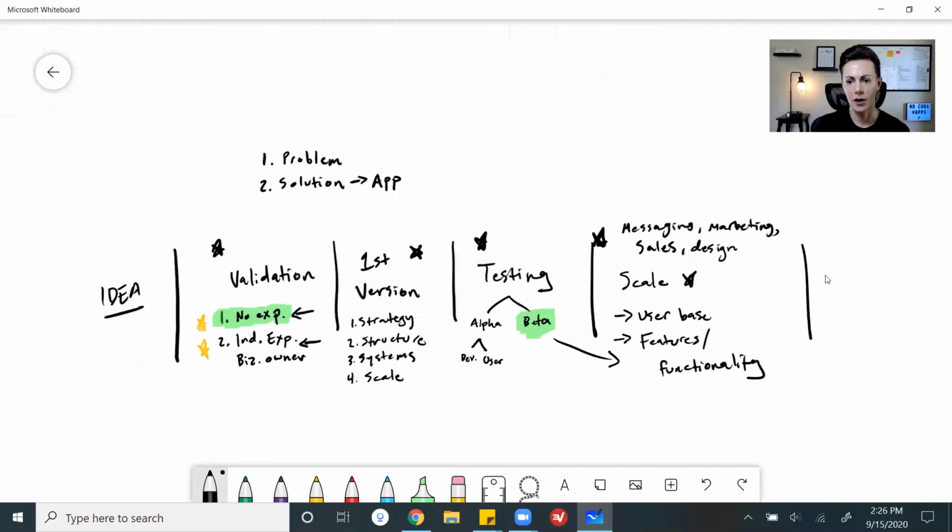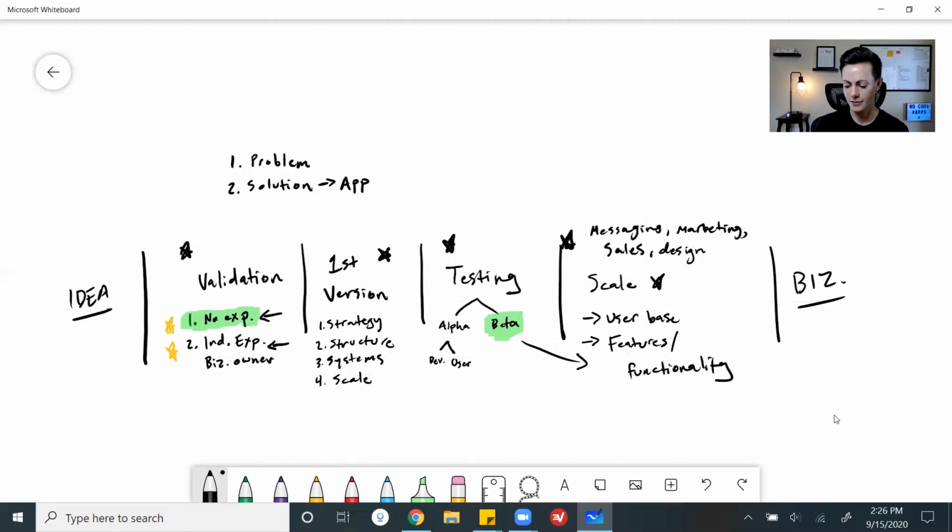Let's say we are all the way over here, and now not only have we scaled the app, not only have we honed in on the marketing, the messaging, the sales, the design, all of these things, but now we have this full scope app, this really big, really successful business, right?